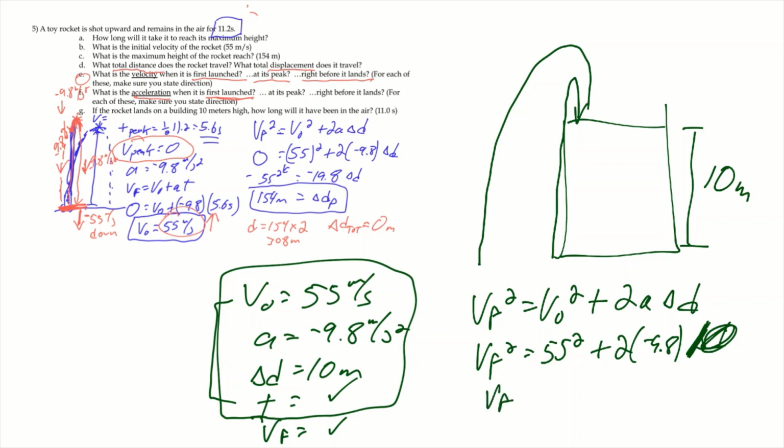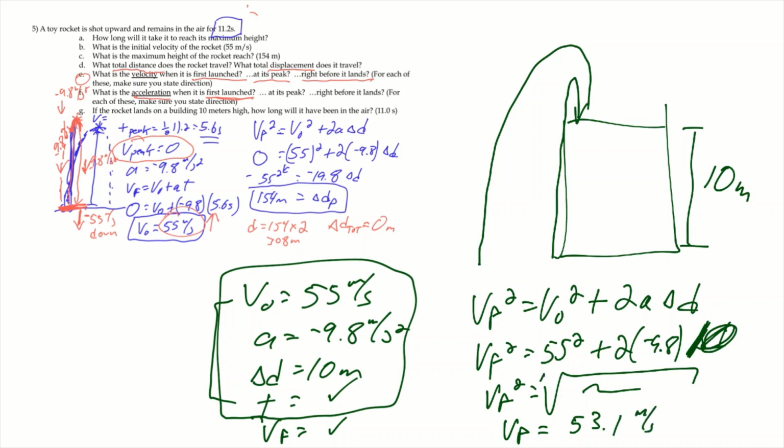Okay, so VF squared equals whatever that is. Now don't forget to square root, so I'm going to just write the answer here. Sorry, I didn't have time to calculate it. But you're going to get a VF of basically 53.1.